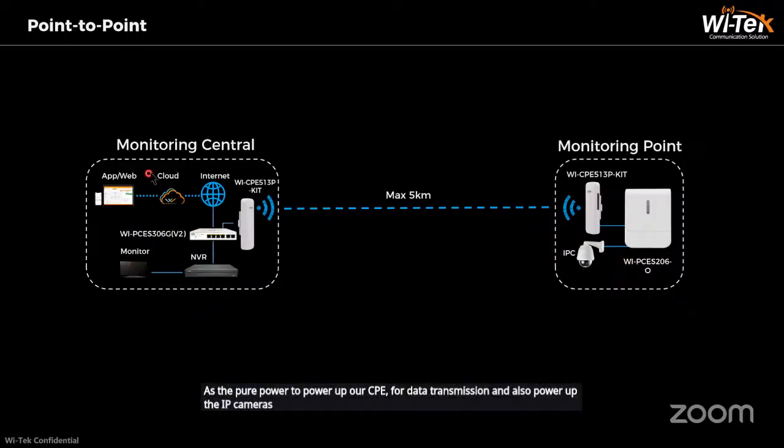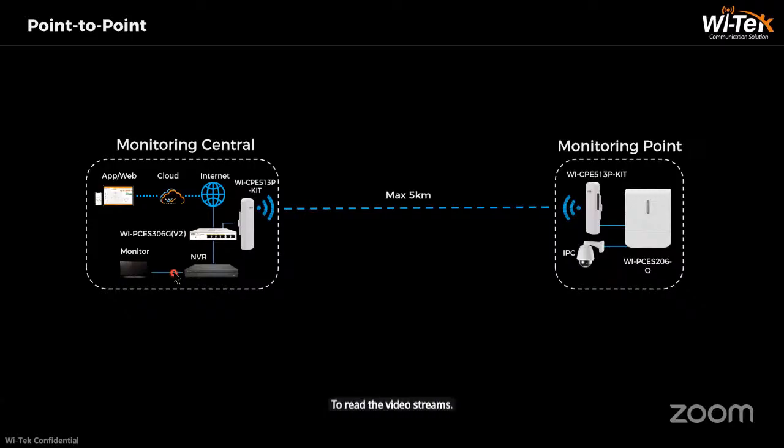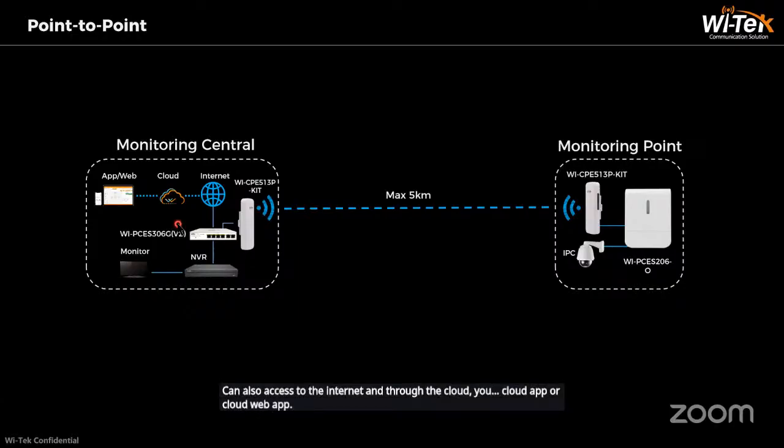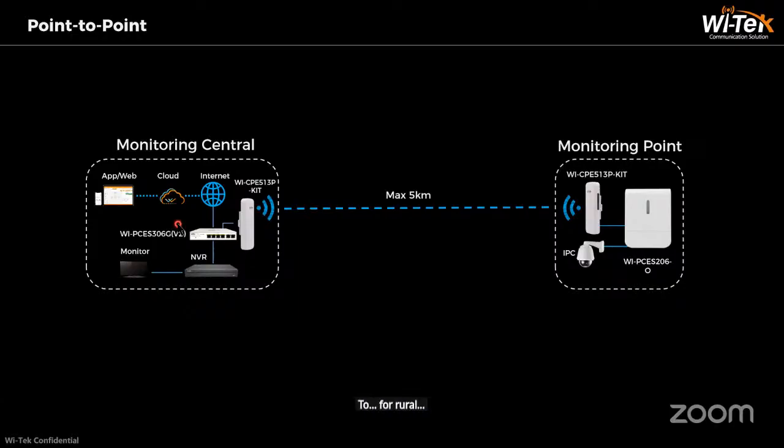The monitoring center includes the NVR to read the video streams and the CPE as a receiver to receive the video stream. As another function, our Cloud Easy Smart PoE switch can also access the internet and, through the cloud app or cloud web, allow remote project management.